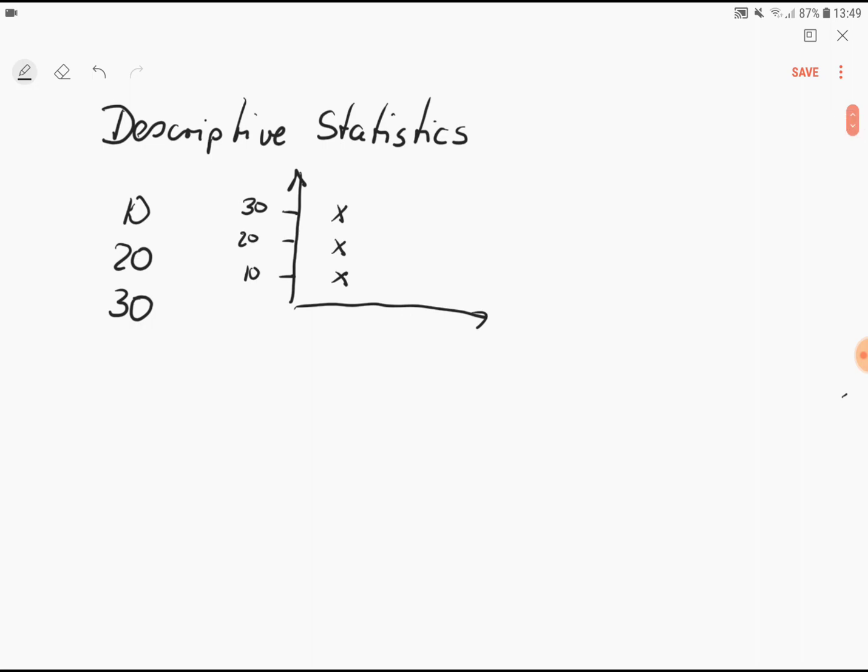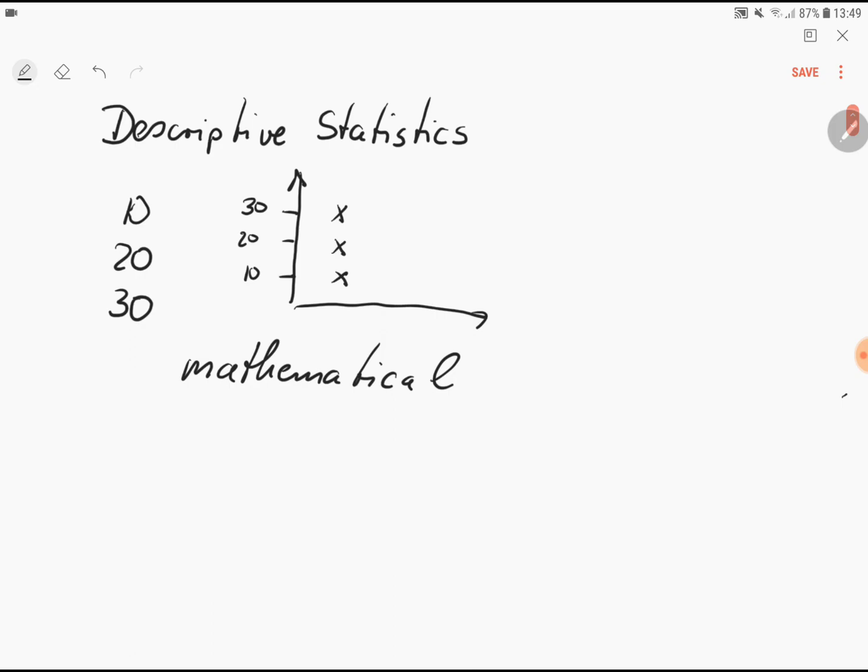Now, if we have more data, we want to use a mathematical description of our data. And this is what I'm going to show you here. So how can we describe our data mathematically? What we are going to do is simply take our data and treat these data as a full data set.